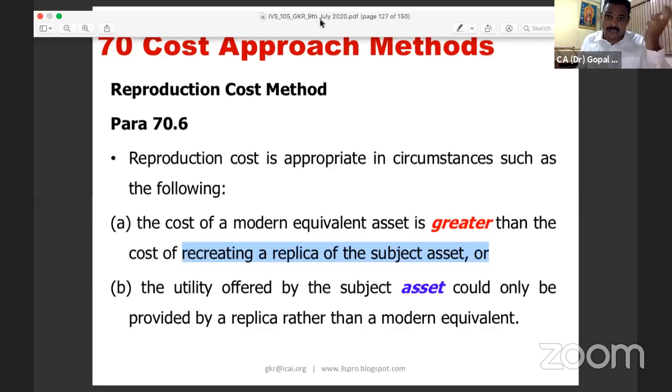So can you replicate controlling interest data here? No, you can't. You have to make a DLOC, discount for lack of control. There, the controlling interest price would have been 60% or 70%. Can you apply that price here? No, you have to discount it because you are doing the valuation here only for some 18% or 7% or 2%. So therefore, you have to apply a discount.